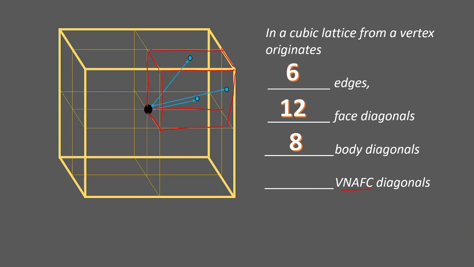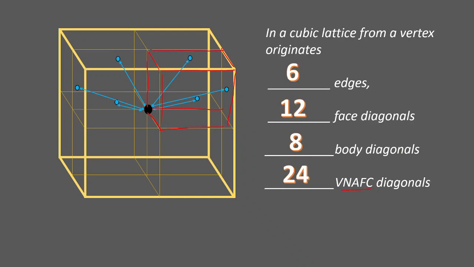So 3 VFC diagonal directions in one of the octants, and in the nearby octant again you will get 3, and these lines are not going to coincide with one another. So if you make such VFC diagonal directions in all these octants, you will get a total of 24 VFC diagonals, right?